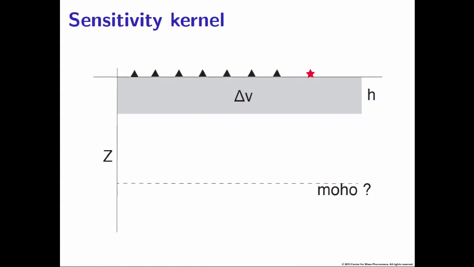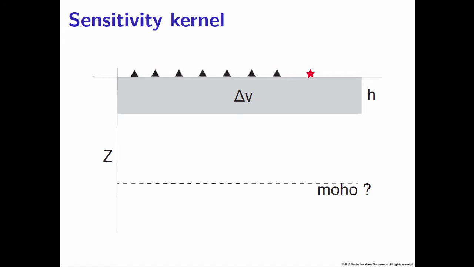Something I didn't mention when defining the sensitivity kernel is the impact of major discontinuities within the subsurface. And I forgot earlier on to point out that our monitored region covers a huge extent, over a region of hundreds of kilometers.